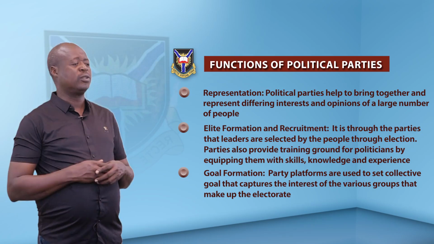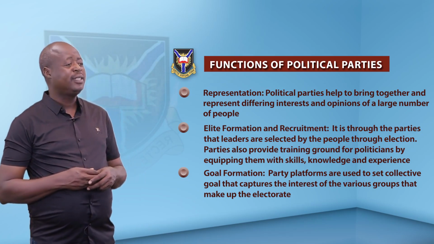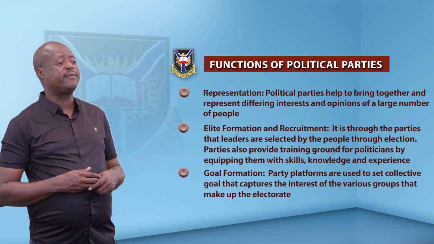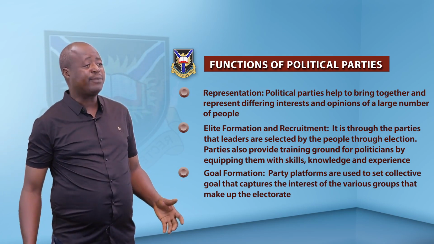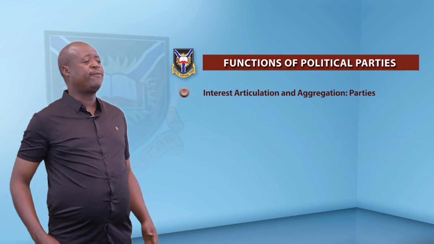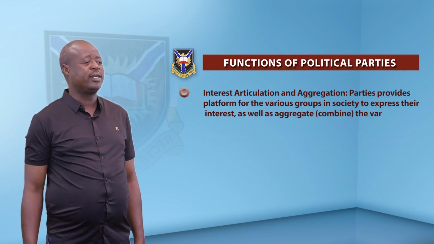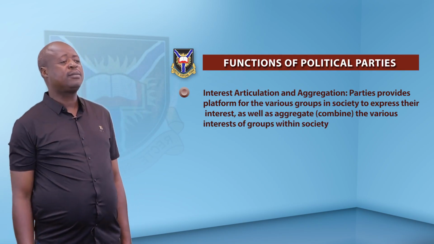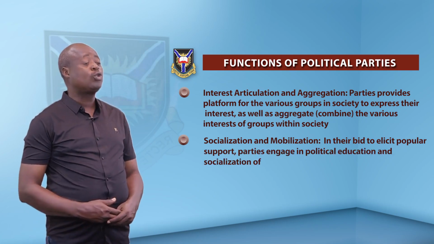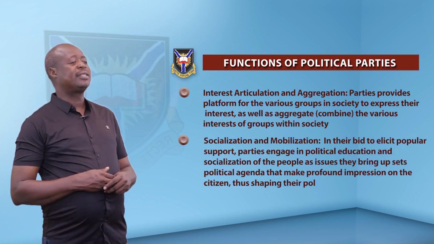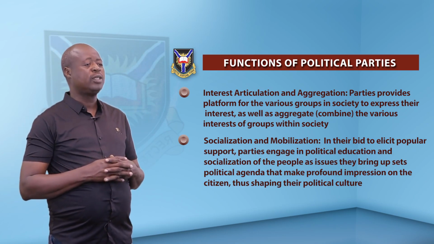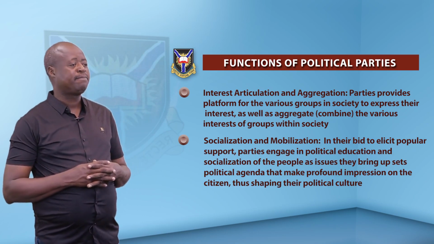The third function of a political party is goal formation. Party platforms are used to set collective goals that capture the interests of the various groups that make up the electorate. And 4, interest articulation and aggregation. Political parties provide platform for the various groups in society to express their interests as well as aggregate or combine the various interests of groups within society.